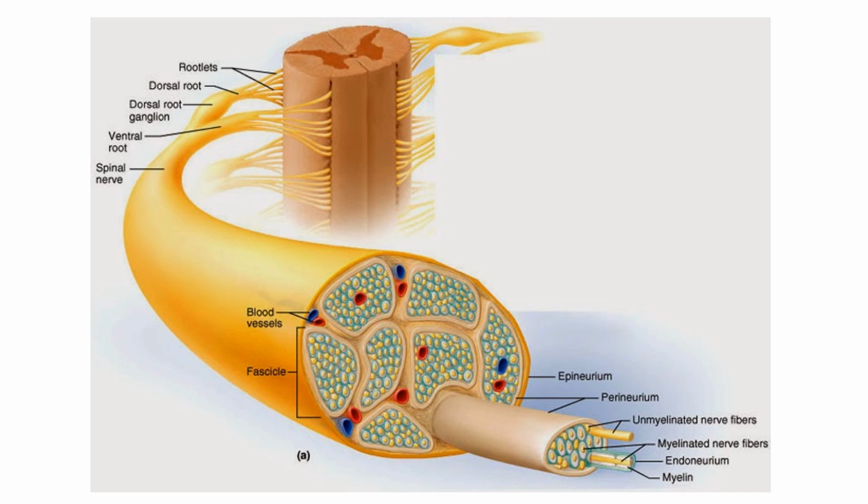And you can tell those two apart by the fact that you have this thing called a dorsal root ganglion. This is where the cell bodies of the sensory neurons are located. So there's a bulge there that you don't see on the ventral root. And so motor comes out the ventral and sensory goes in the dorsal. Again, why would we need so much insulation? Because we have both sensory and motor components in the same nerve.